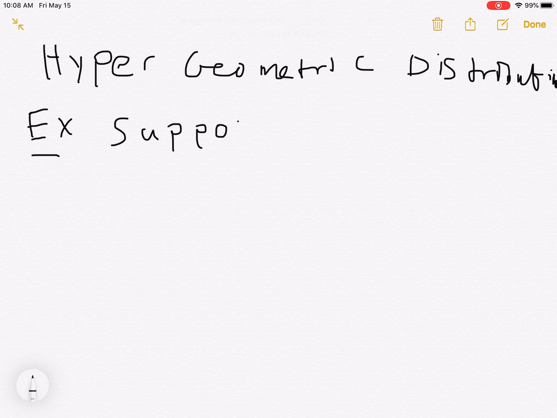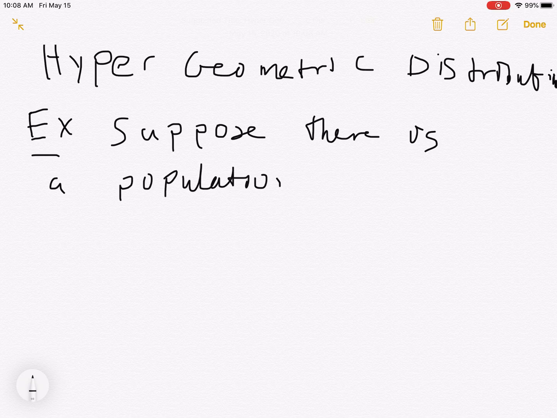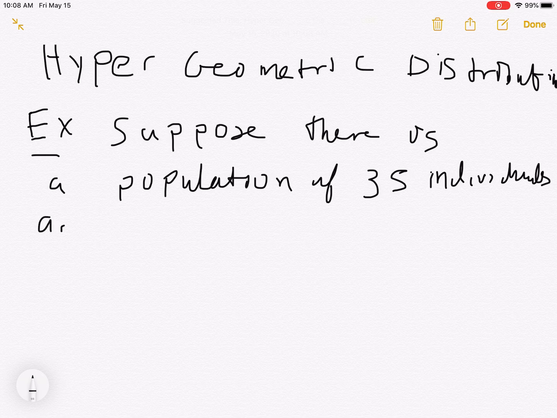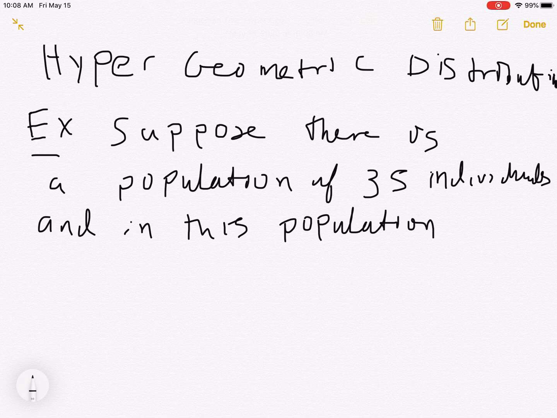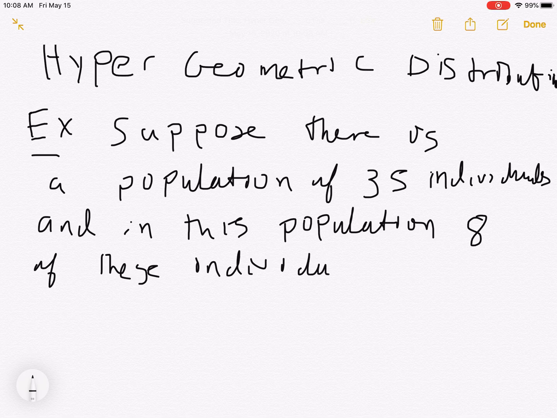So let's suppose there is a population of 35 individuals, and in this population, 8 of these individuals have a disease.